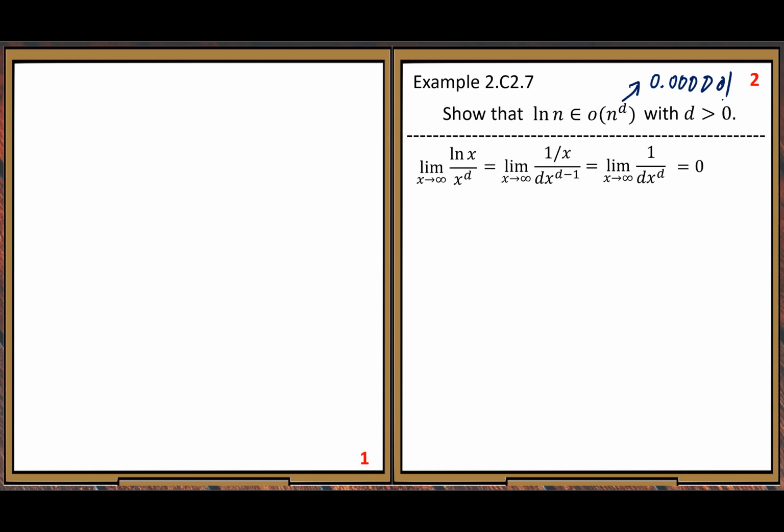The other 50% answer that n to the d increases faster. Eventually, we only look at n very large. We don't worry about where n is relatively small.